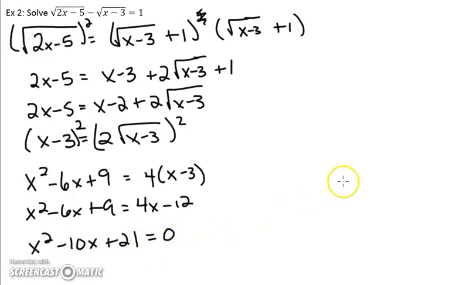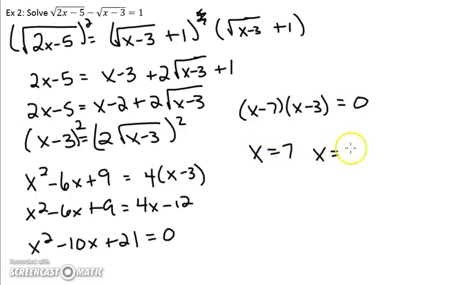So we get x squared minus 10x plus 21, and this is now just a quadratic that we can factor. So we're going to say x minus 7, x minus 3 equals 0, so then x is going to equal 7 and x is going to equal 3. You can plug them in, they're both going to work. So let's move on to the next one.